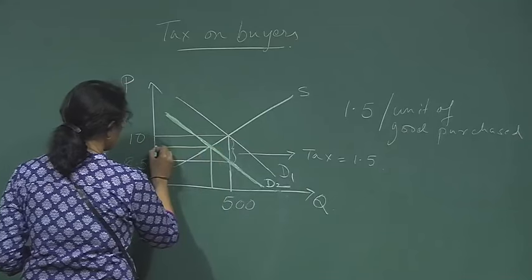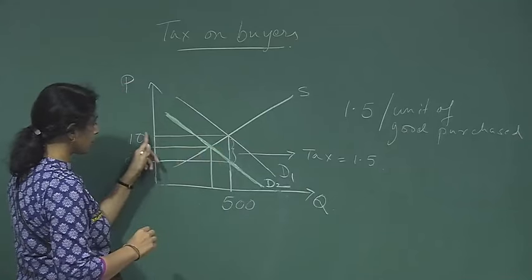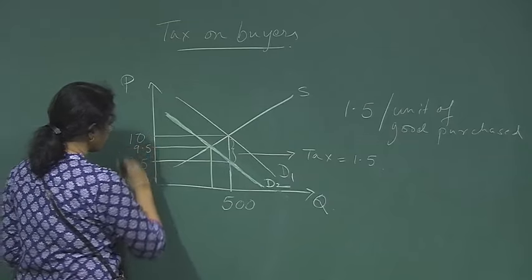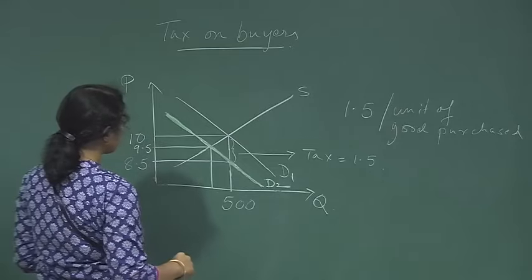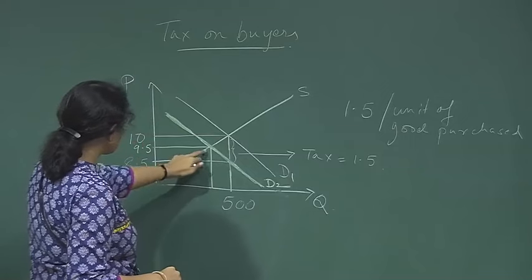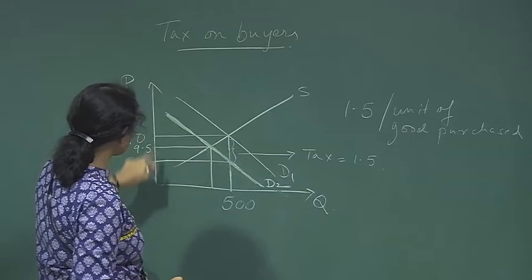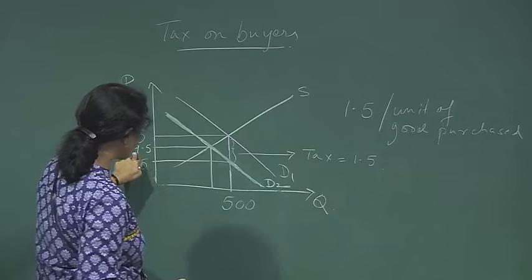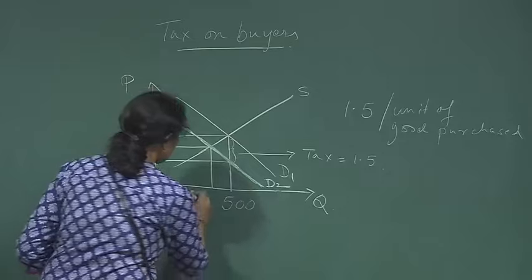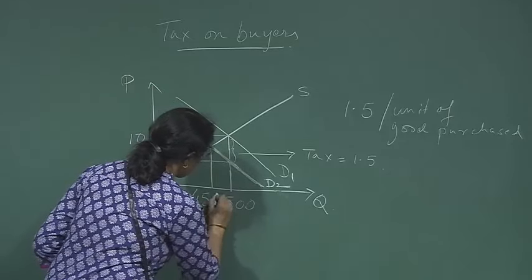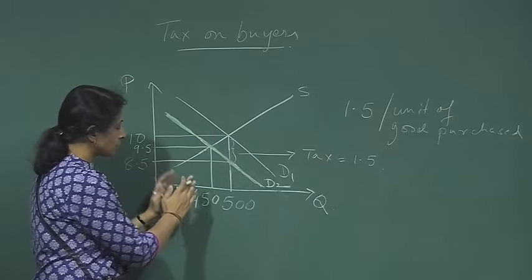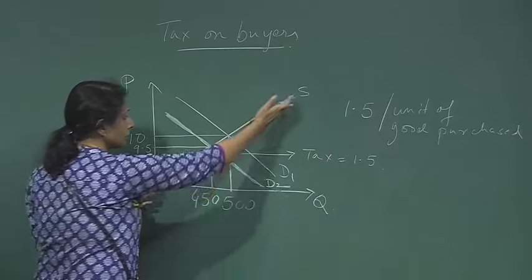So, now the equilibrium is at this point. The equilibrium is somewhere between 10 and 8.5, say it is at 9.5, and the number of units sold is less than 500, say at 450. So, the new equilibrium is along the supply curve.